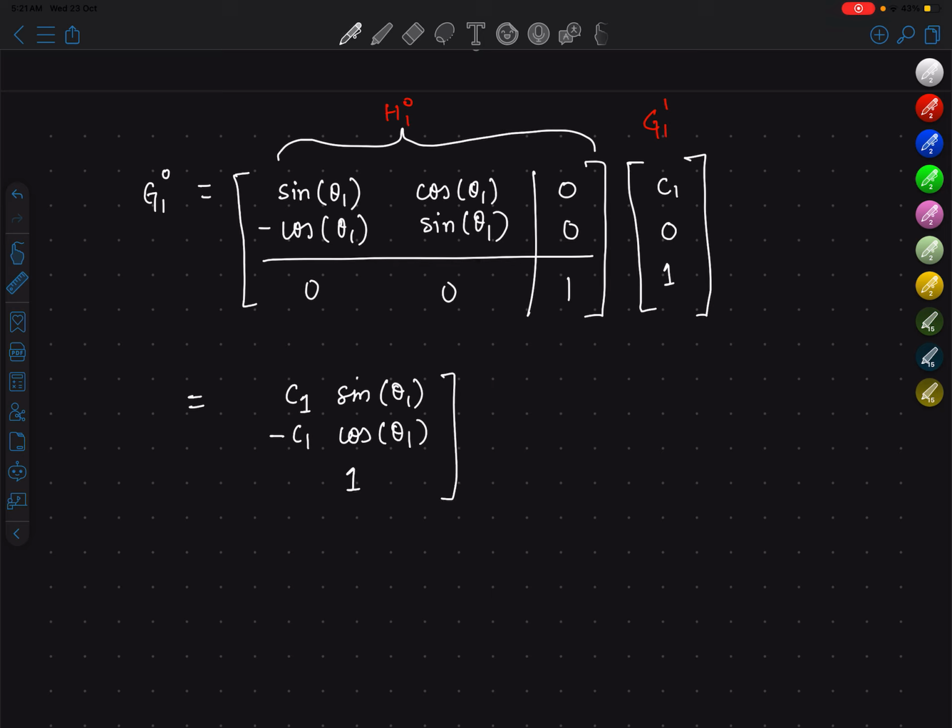So this is the homogeneous coordinates of G1 in frame 0, from which we can extract only the coordinates. This is G1_0. So G1_0 is C1 sin theta 1 and minus C1 cos theta 1.